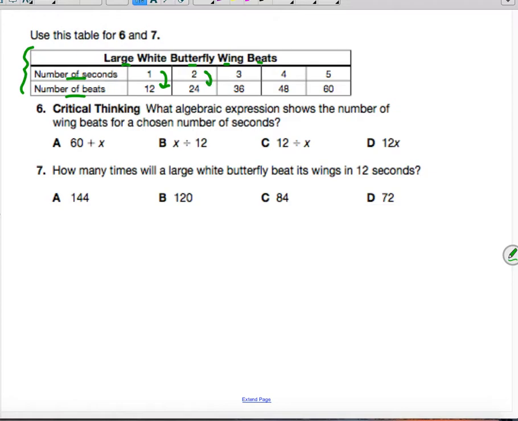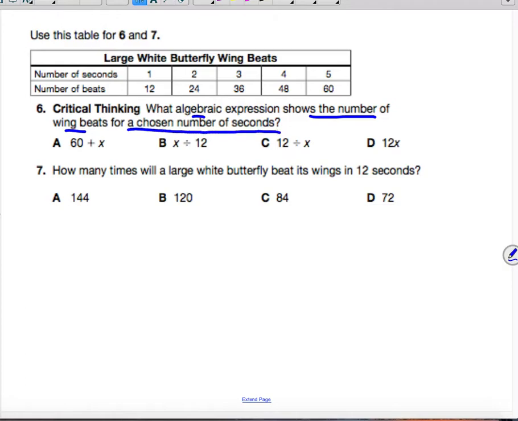For 2 seconds, you get 24 wing beats. For 3 seconds, 36 wing beats. For 4 seconds, 48 wing beats. And for 5 seconds, that large butterfly is going to beat its wings a total of 60 times. What algebraic expression shows the number of wing beats for a chosen number of seconds?